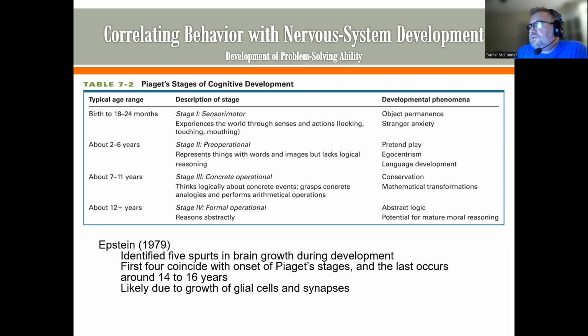One of the more famous ones is called the conservation task, right? And this is a famous thing. You've probably seen this before, where if you take 2 glasses of water that are identical in shape and size, and you put the same amount of liquid in both of them, and put those in front of a 3 or 4-year-old child, they can correctly say that they have the same amount of liquid in each glass.